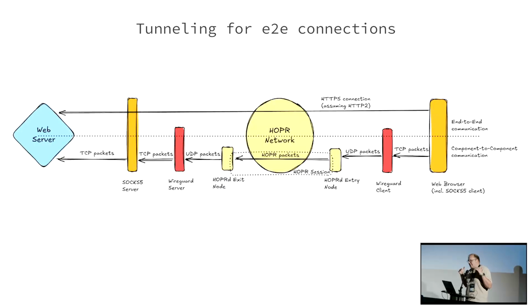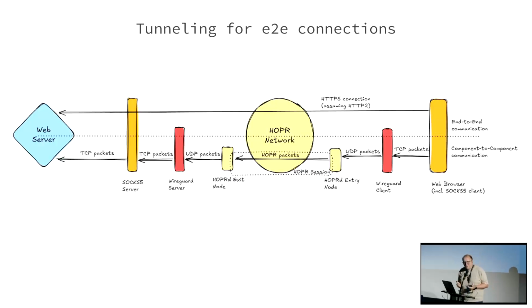So what happens is WireGuard tunnels transparently TCP packets over UDP packets. So you're encapsulating TCP packets into UDP packets, and on the other side, you have to decapsulate UDP packets into TCP packets, which, as you might imagine, adds quite some complexity.